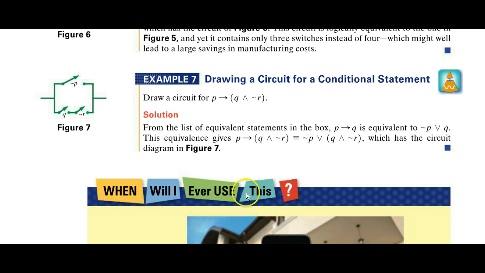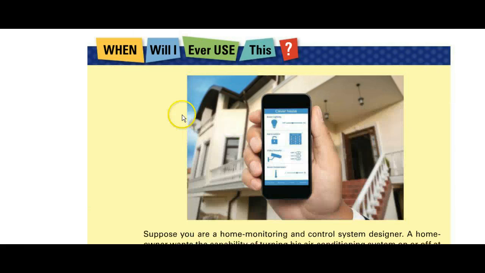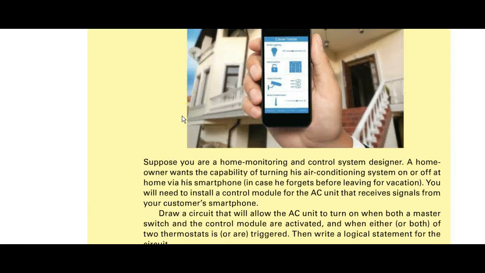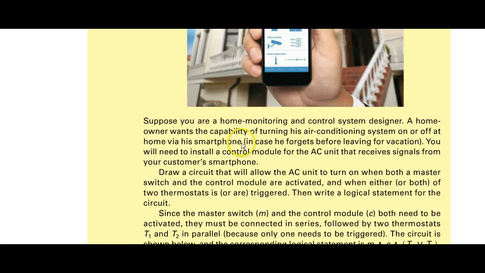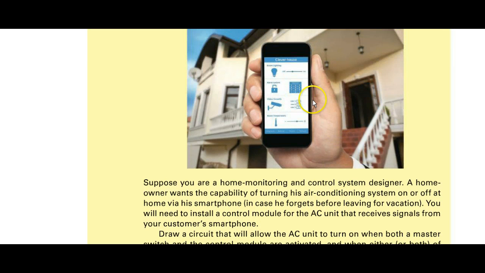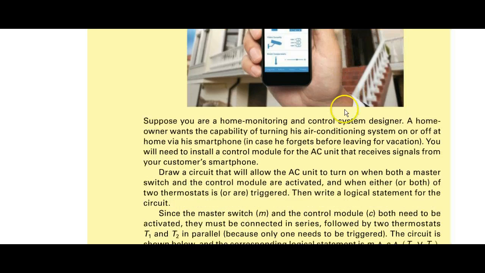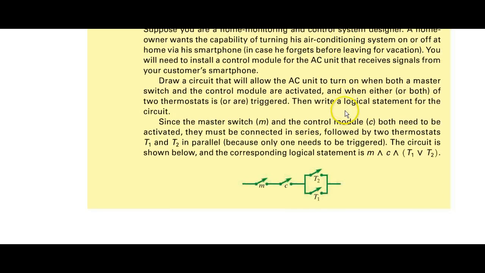Okay, when will I ever use this? Well, your textbook does give you how we're going to control, using our cell phones, various systems within our house. And apparently that can be tied in, but we're not going to go there.